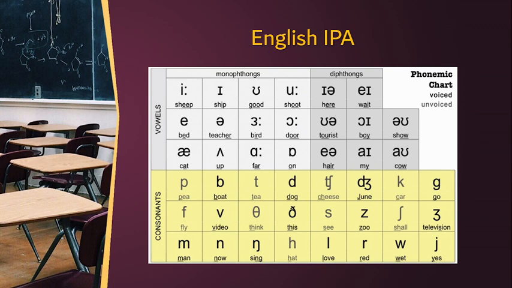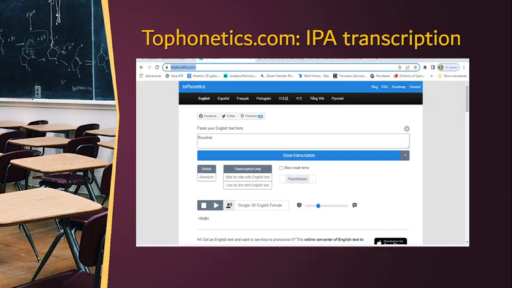You just have the symbols that you're going to use in English. This is pretty much British English, but you're going to have American English too if you need it, right? And phonetics.com, this is the first website I found. This is an IPA transcription, where you can find different transcriptions to IPA for English, of course.